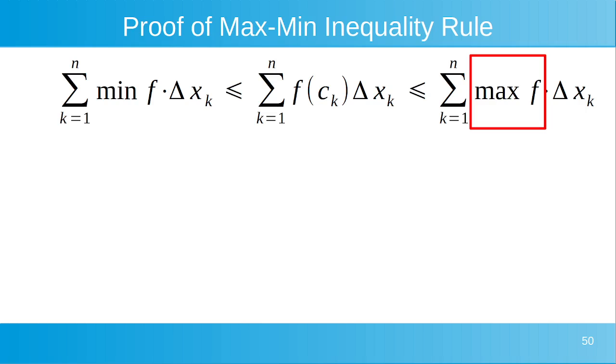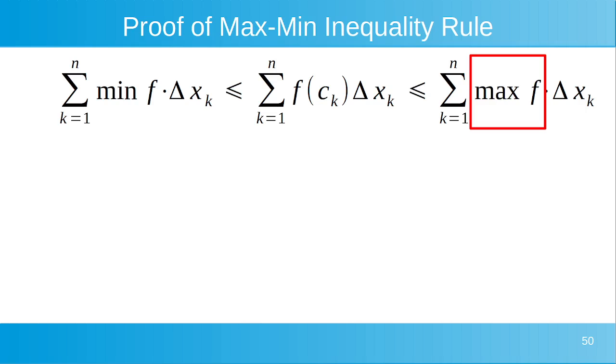Because an f of ck value will always be some function value from a subinterval on that closed interval from a to b. And that's never going to be less than the minimum value of the function over that entire closed interval.